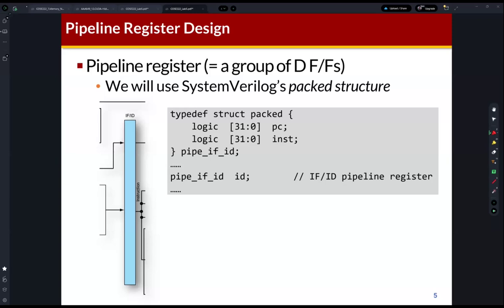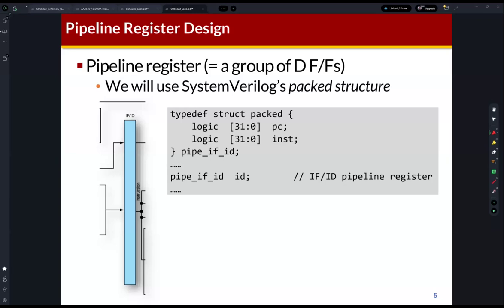It's called a packed structure in SystemVerilog, and it's similar to a struct in C or C++, right? So if you see this type, we define a new type, a new structure. This is the packed structure, and this structure includes member variables.